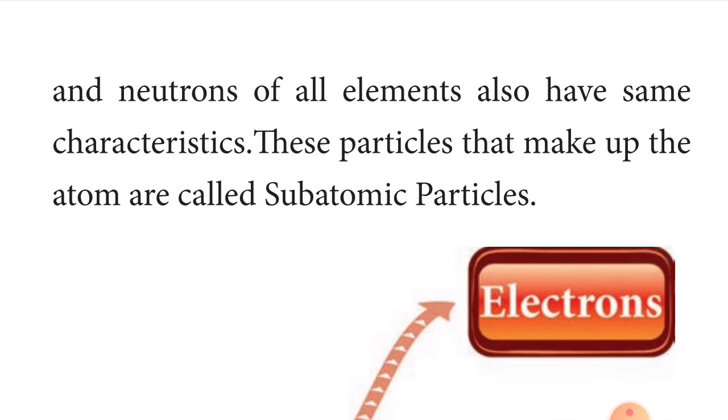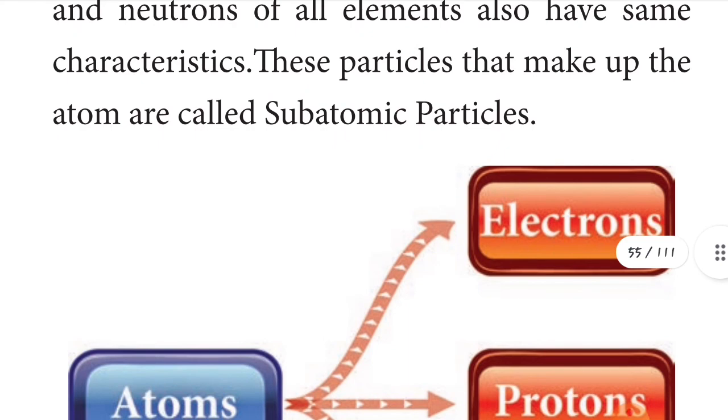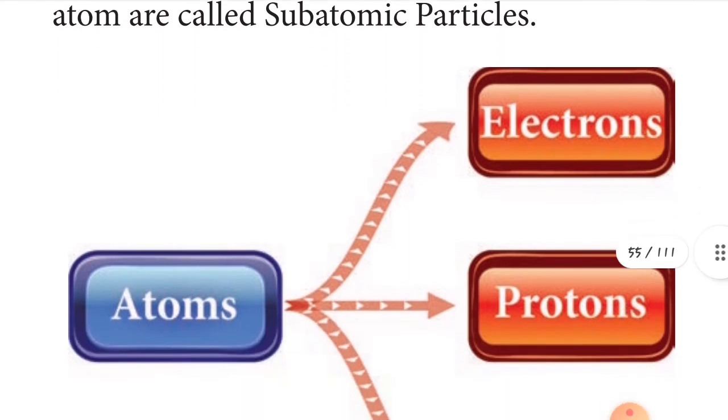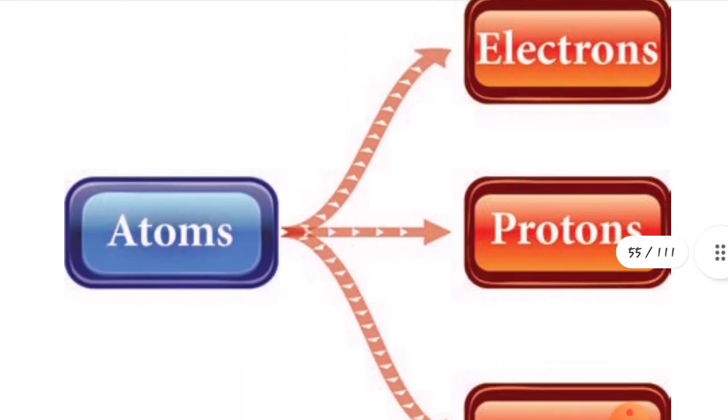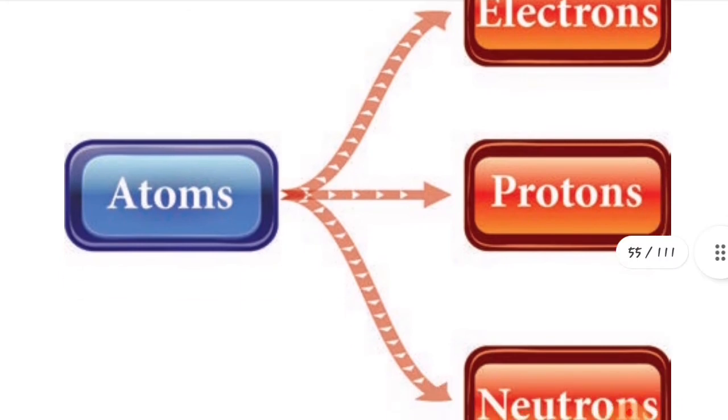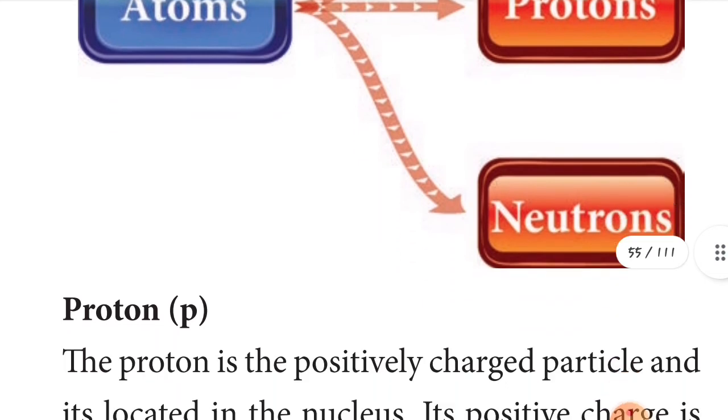These particles that make up atoms are called subatomic particles. See this diagram, children. Atoms are divided into three subatomic particles: electron, proton and neutron.